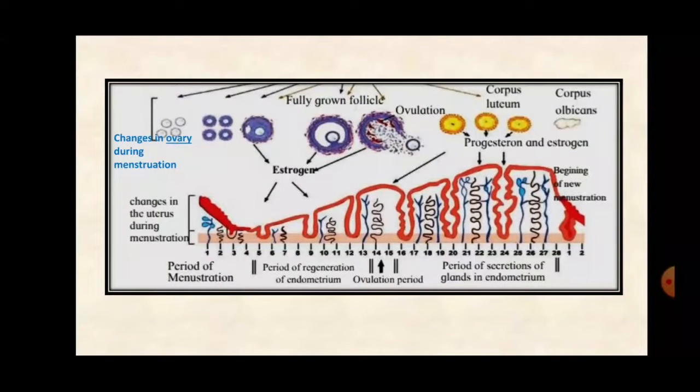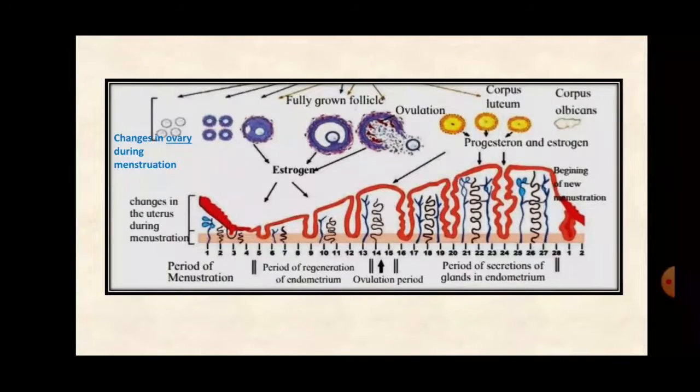Oocytes are in the follicles. These follicles are nothing but a sac or cavity, you can say, filled with fluid, and at the center they have an oocyte. So every single follicle will have a single oocyte. Now let us see what happens.